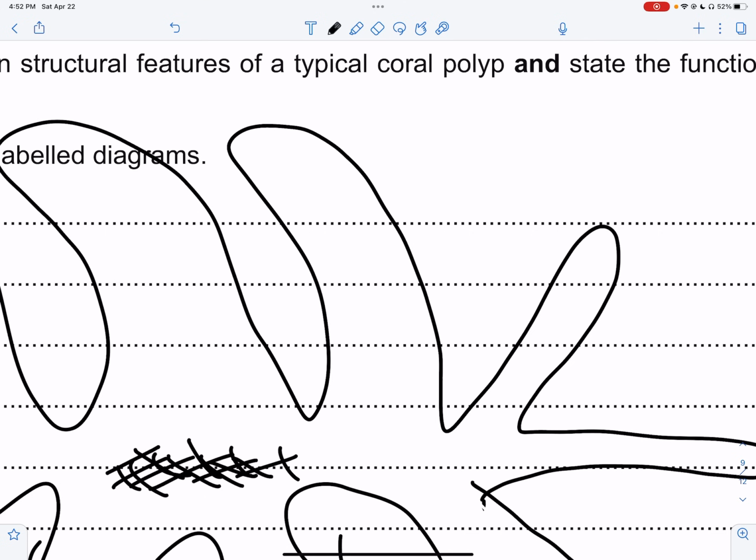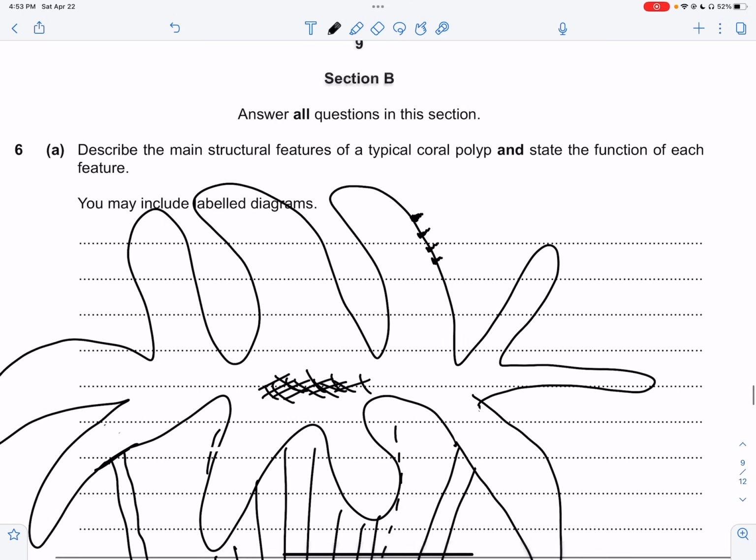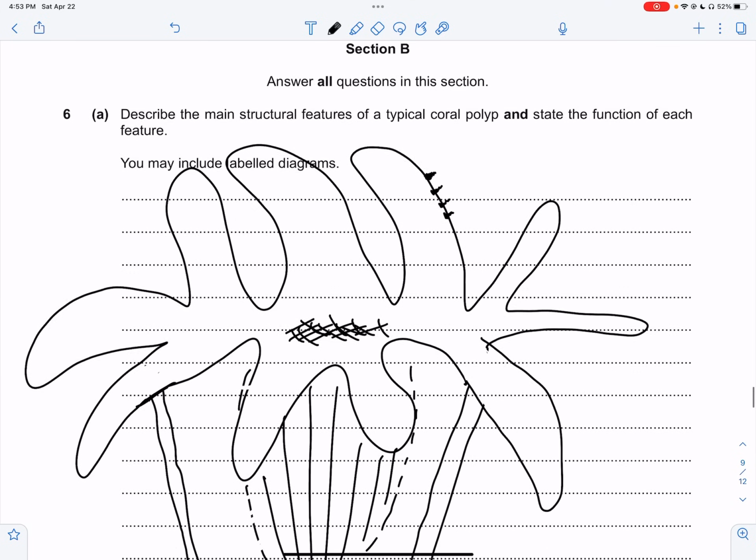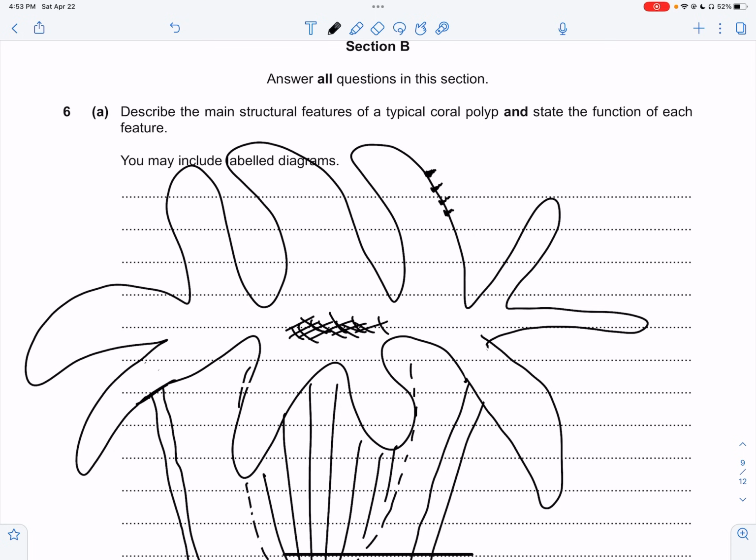It is not on the original mark scheme. But do it. Better to put something that you know is legit than leave it blank. So on the outside of the tissues, you have very small, microscopic nematocysts, and those are the harpoon-like, thread-like stinging cells, and it's for capturing prey.